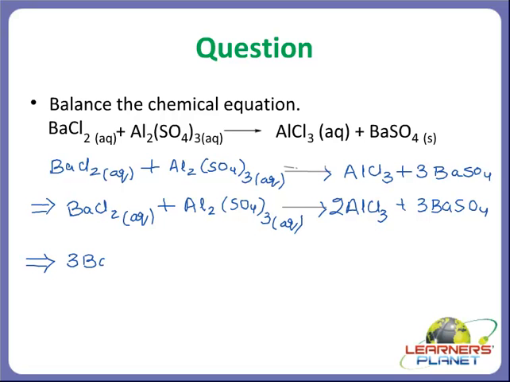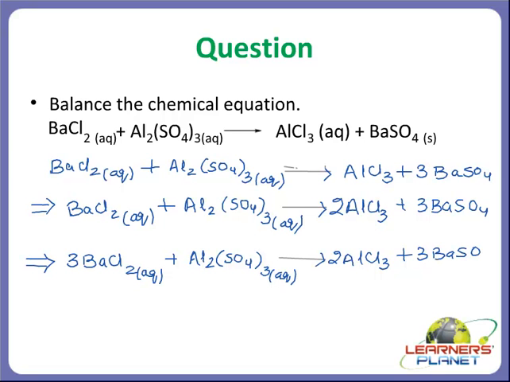I can make it 3 BaCl2, right? Aqueous plus Al2(SO4) whole thrice aqueous, and it's going to give us 2 AlCl3 plus 3 BaSO4.